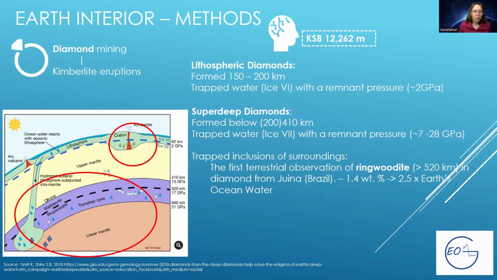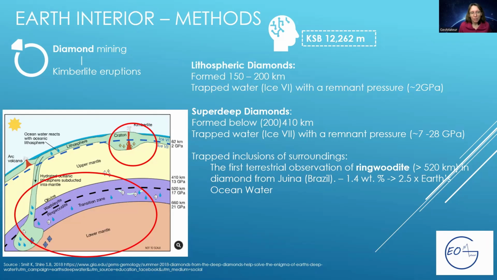And the first terrestrial observation of ringwoodite, a mineral that is formed below 520 kilometers, was found in a diamond from Juina, if I pronounce it properly. And it also gives us information that there is a lot of water at that depth.